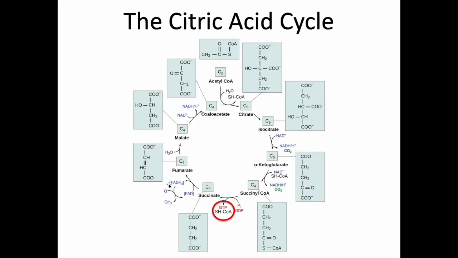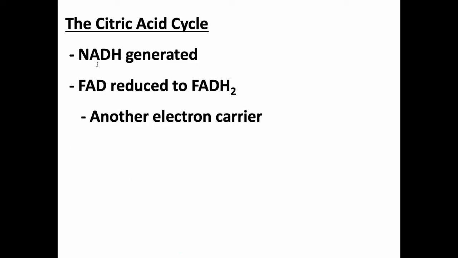We did get some ATP in the citric acid cycle. We did get some ATP in glycolysis, but most of the energy that we got from this breakdown and oxidation of glucose, most of that energy is in the form of these high energy electron carriers, NADH and FADH2.